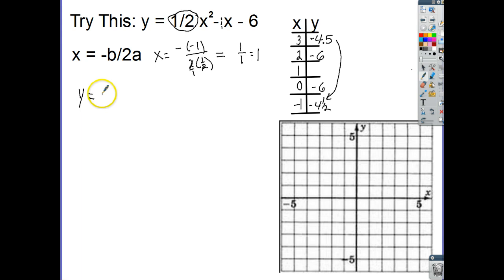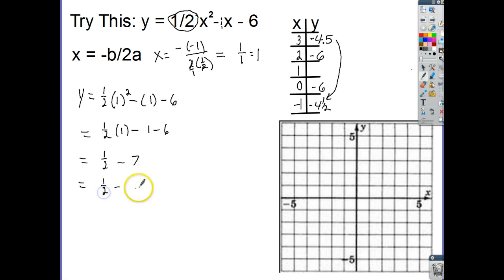So we have y equals 1/2 times 1 squared minus 1 minus 6, 1/2 times 1 minus 1 minus 6, 1/2 minus 7, 1/2 minus 14 halves, negative 13 halves, negative 6.5. So we have negative 6.5 here.